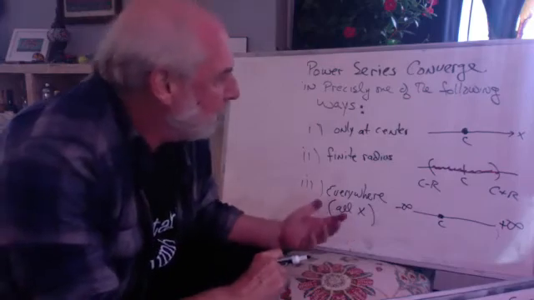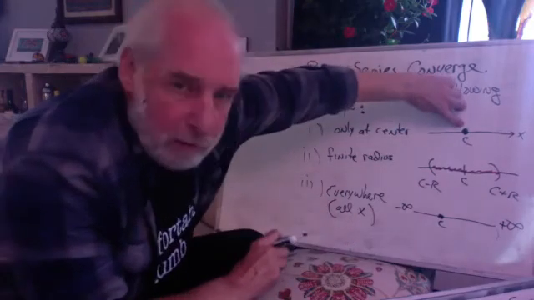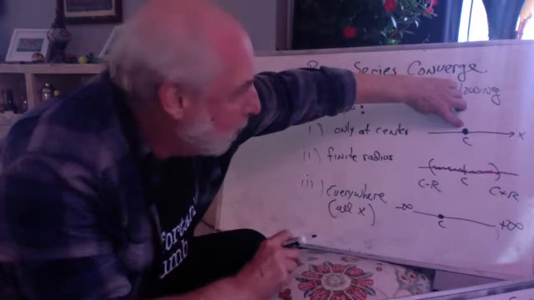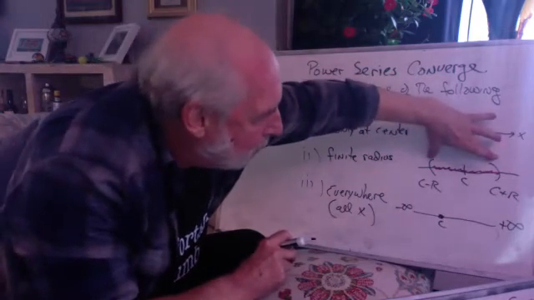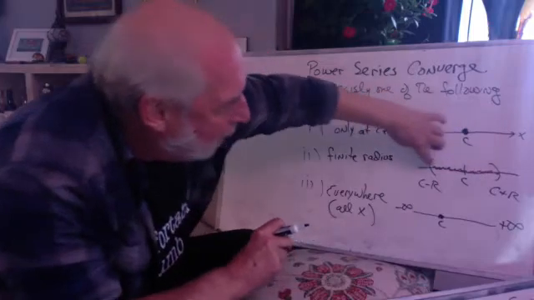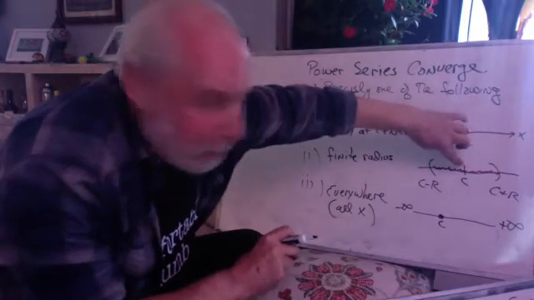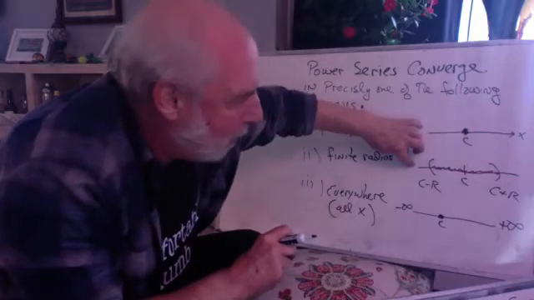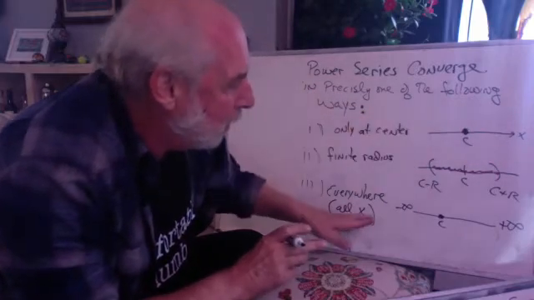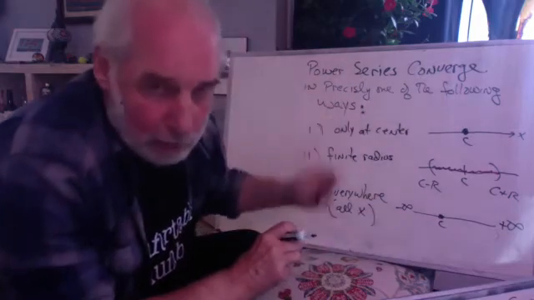So three possibilities: only one value of x, the value of the center; a finite interval, where all the x values in between will make it converge, and x values outside of that window will make it diverge; and the other possibility is any x on the number line will make it converge.